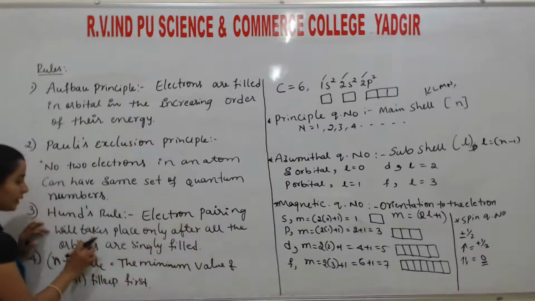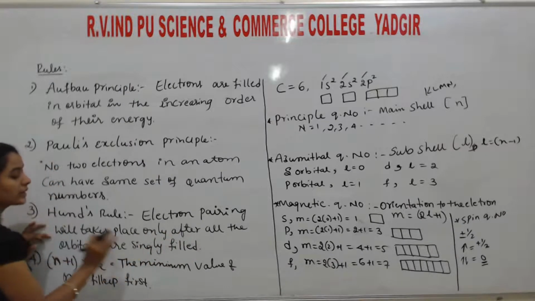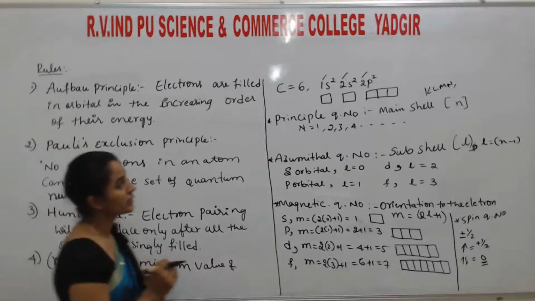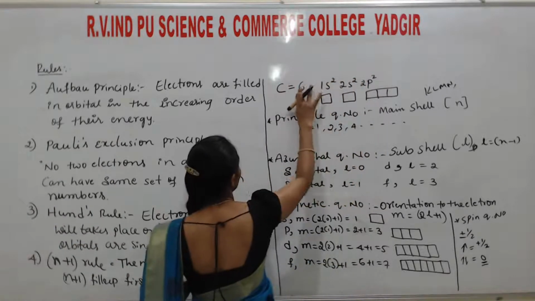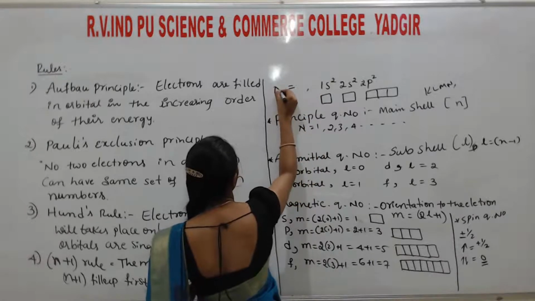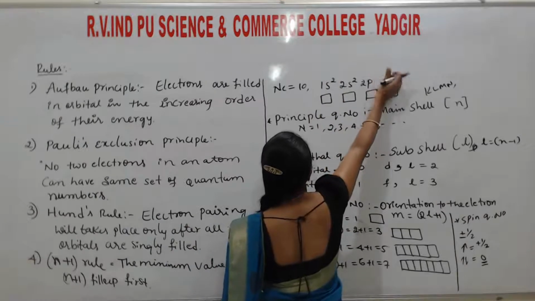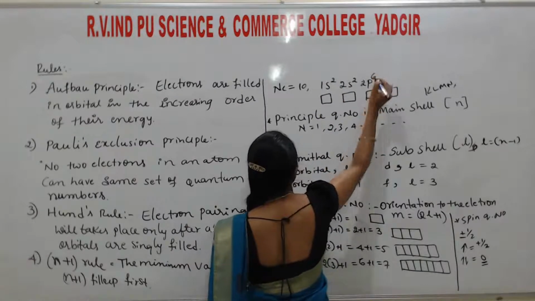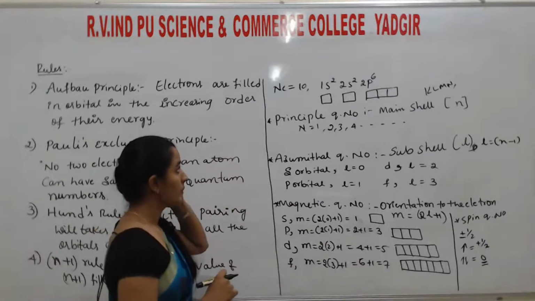electron pairing will take place only after all the orbitals are singly filled. So for example, students, if instead of carbon I take neon, atomic number 10, this is 2p6. So first what happens, students?